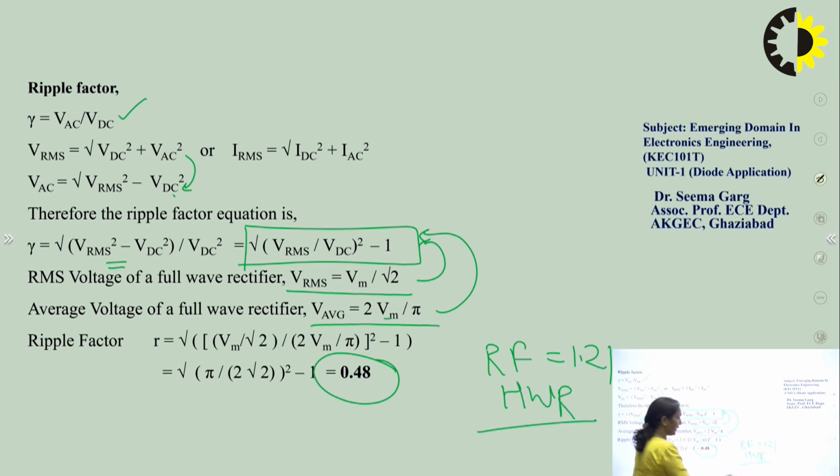The ripple factor is less in the full wave rectifier, only 0.48, and very high in the half wave rectifier, 1.21. That means the performance of the full wave rectifier is superior to the half wave rectifier, because there are very few AC ripples present in the full wave rectifier.